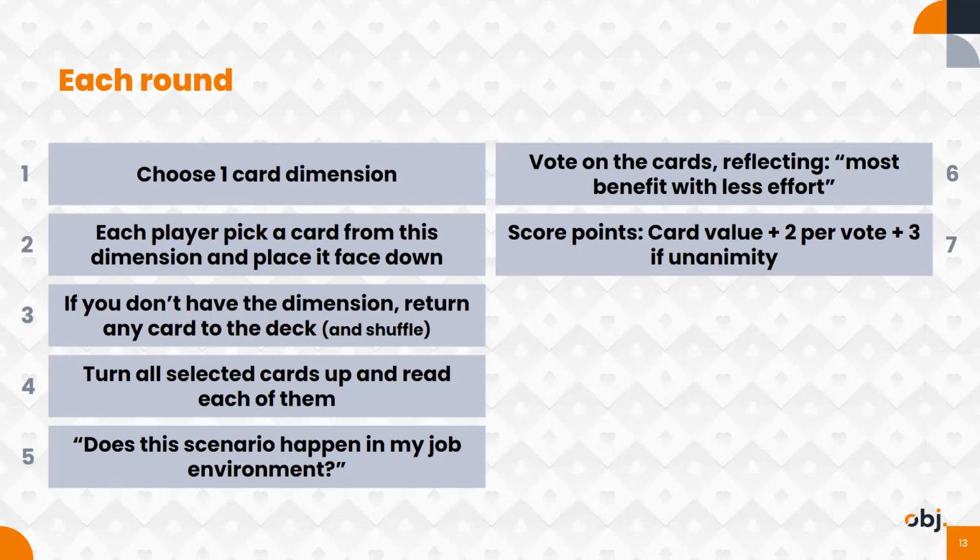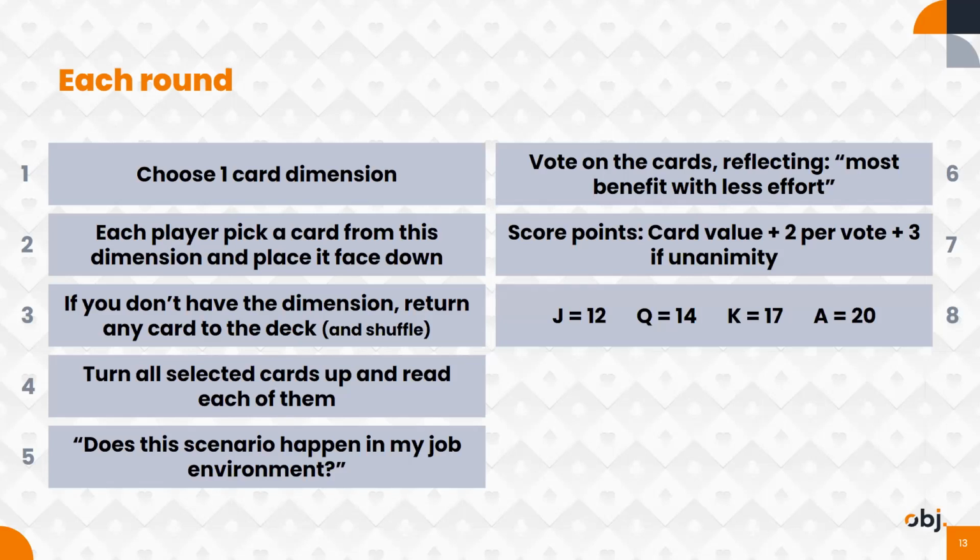We sum the card value plus 2 points per vote plus 3 points if unanimous. All of these rules are explained on the card and also in the online game. We have some special cards, Jack, Queen, King, and Ace, with more points, right? Because usually we have some critical problems in these cards.